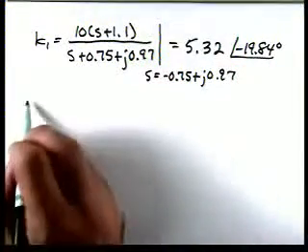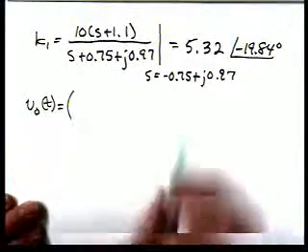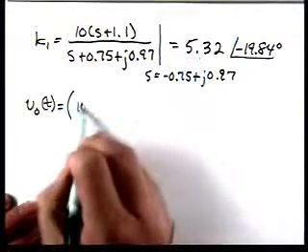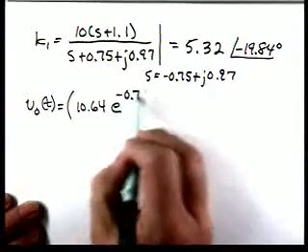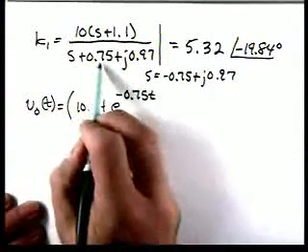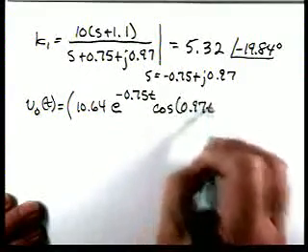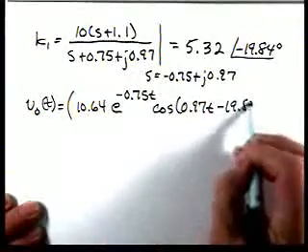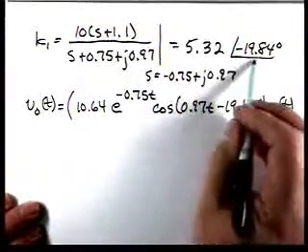And if we remember the inverse transform, with complex conjugate roots we have 2 times the magnitude of K1, so that's 10.64, e to the minus 0.75t, cosine of 0.97t minus 19.84 degrees, U of t volts.